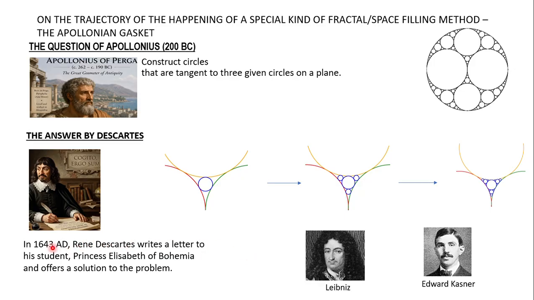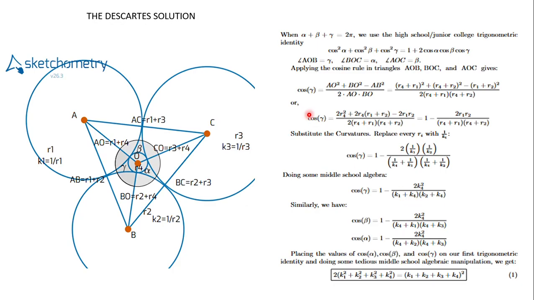And then Leibniz, who was born around this time, 1646, took up this topic, and finally Edward Kästner in the 20th century named it Apollonian Gasket. So the credit of the name goes to Edward Kästner.